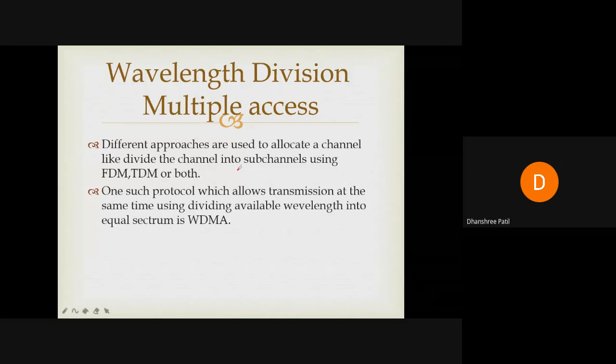In this, what is given is that the strategy of FDM, TDM, or both, that is frequency division multiplexing, time division multiplexing, is applied to divide the channel into sub channels. Now, once this division is done, then the message is sent or received. So this protocol is called wavelength division multiple access.